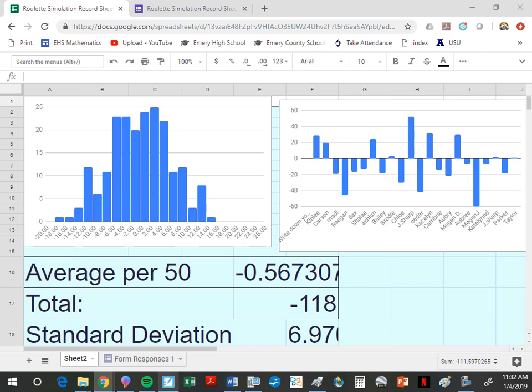Ooh, this might be sinister. I wonder if, oh, that's evil. Do you see where I'm going? I wonder if a gambling company put together this roulette wheel and purposefully made it look like you don't lose as much as you actually would. Oh, I'm totally going with that.